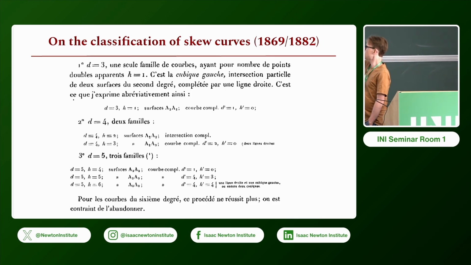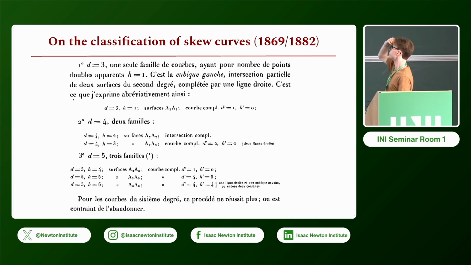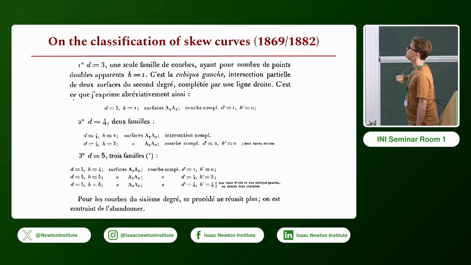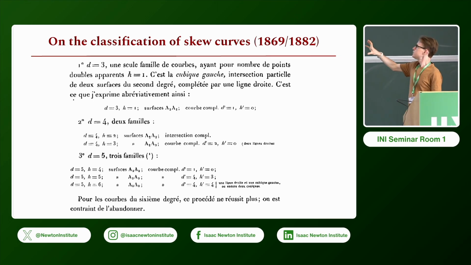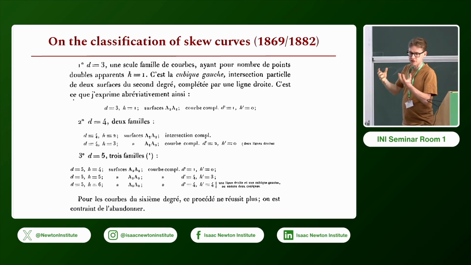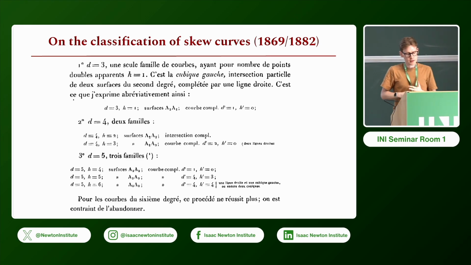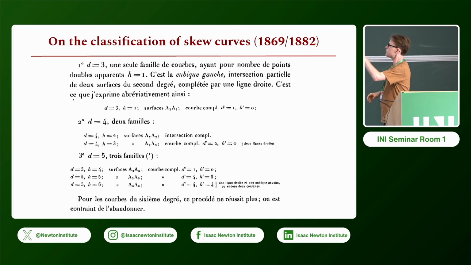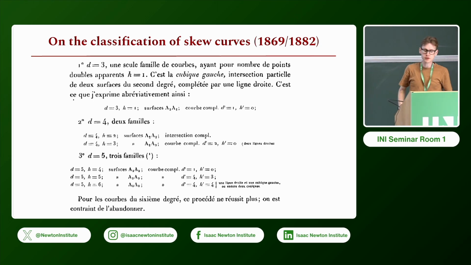In the case d equals 3, there's only one family of curves, the skew cubic, but for d equals 4, we have two cases, one in which the curve is the intersection of two quadrics, and one in which it is the intersection of two surfaces of degree 2 and 3 plus some additional straight lines. So it must be complemented.